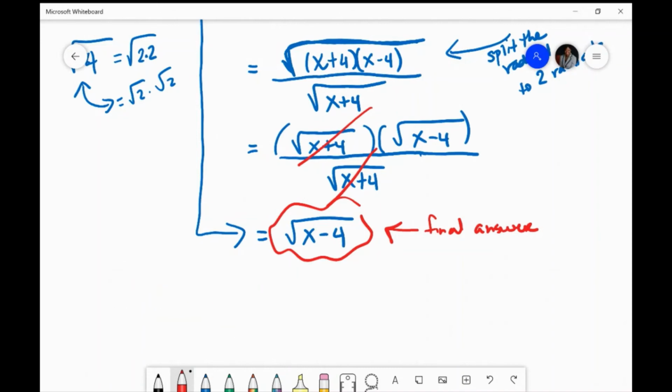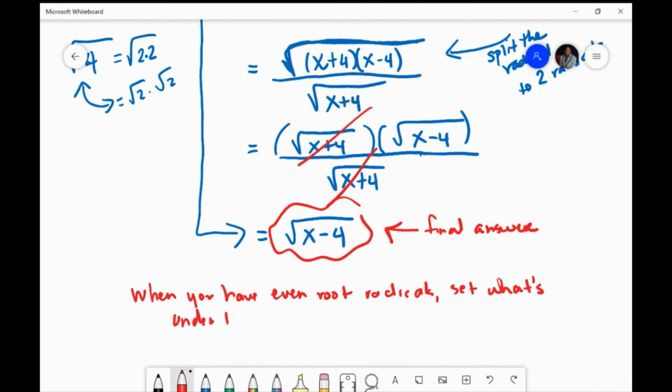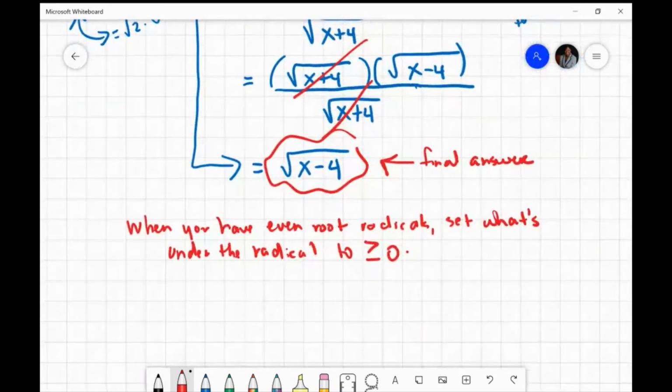When you have even root radicals, set what's under the radical to greater than or equal to 0. So this is not a denominator situation. So we don't set it equal to 0. We set it greater than or equal to 0 because it's on a radical.